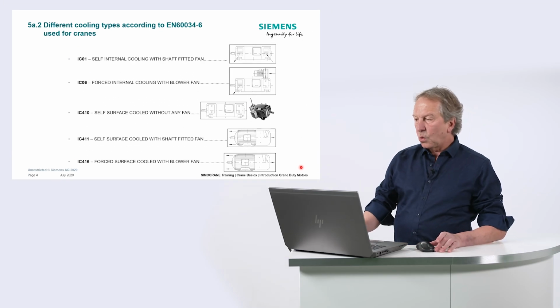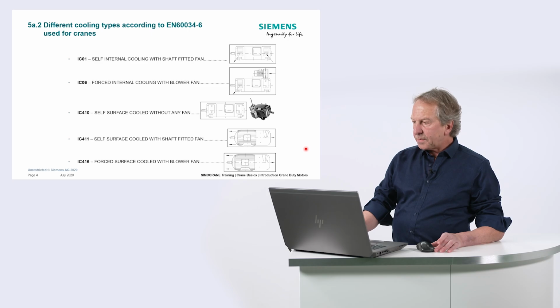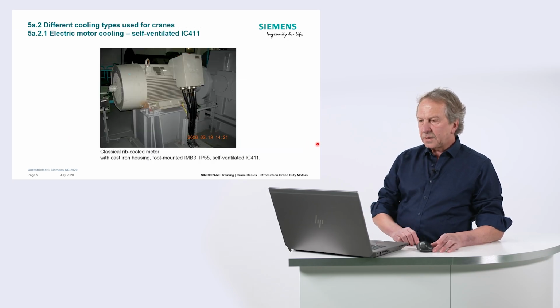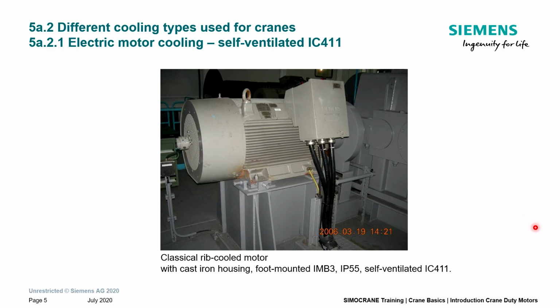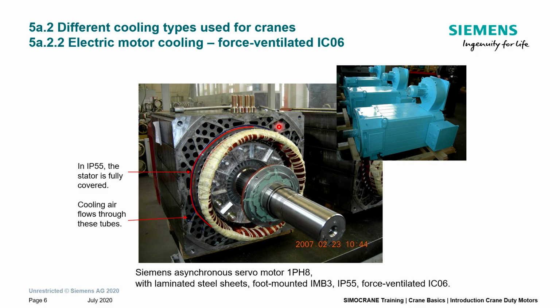Okay, let's have a look to some examples of motor types, some images. Here we see a self-ventilated IC411 motor, rib-cooled, so that means self-ventilated, shaft-fitted fan. The fan is installed after the cowl here on the B side of the motor, and the shaft-fitted fan blows the air through the surface, through the cooling ribs. A different type could be here forced ventilated IC06, and in that case this is a very new design.